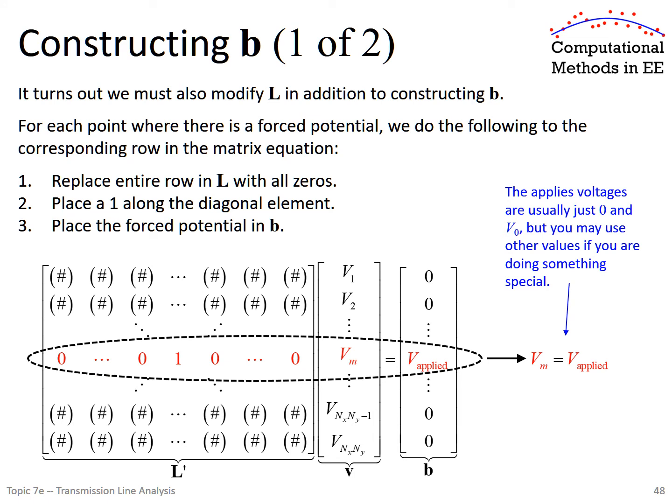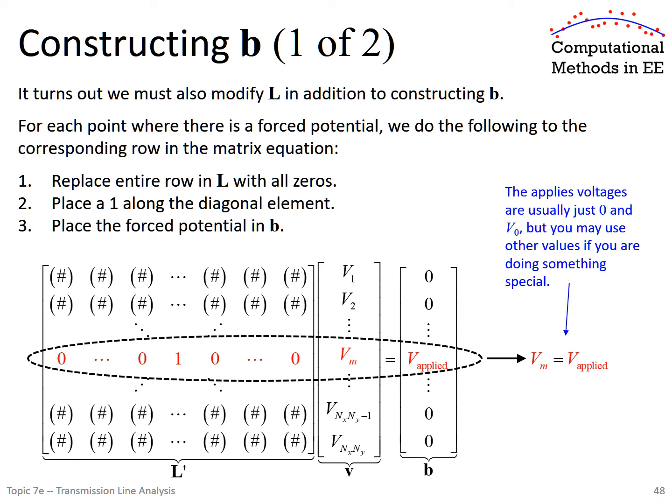Here's the basic concept. What we want to do is look at our matrix equation, which has a whole bunch of numbers, our column vector of unknown potentials, and it's starting off as all zeros over here. What we want to do is look through our entire grid, and every point where there is a metal, we're going to go into L, zero out the entire row, place a 1 in the diagonal position, and then over here, put the voltage that we're actually applying to that point of the metal.